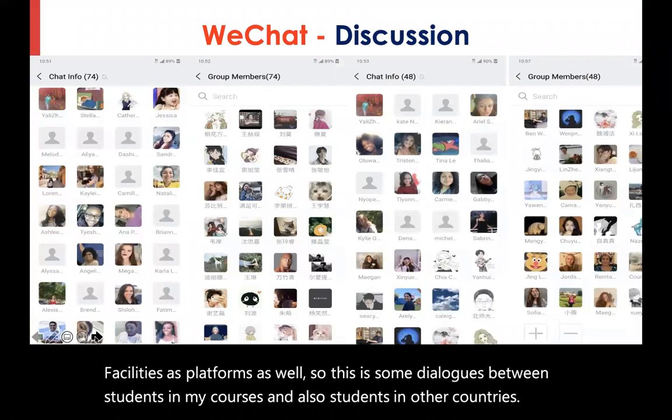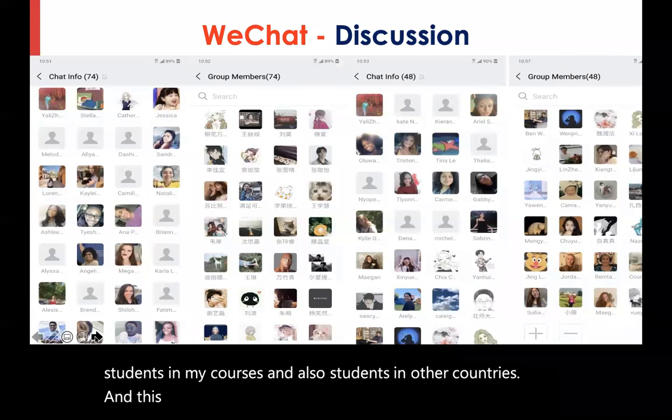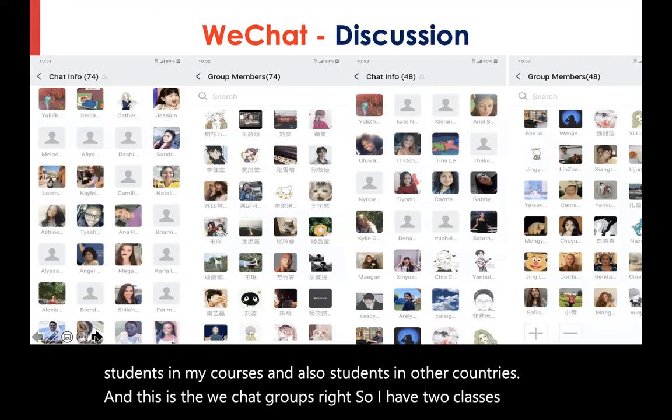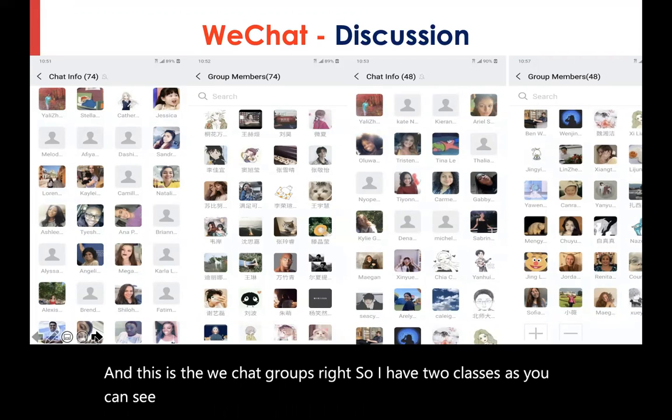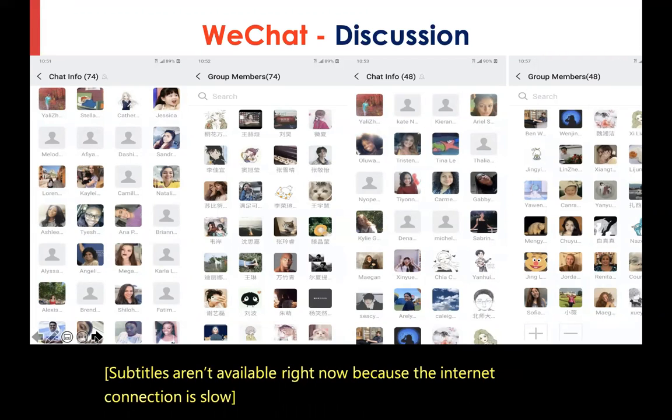And this is the WeChat groups, right? So I have two classes, as you can see here. WeChat is the most commonly used social media platform, and you can share text, images, and videos, and it is very convenient to use.